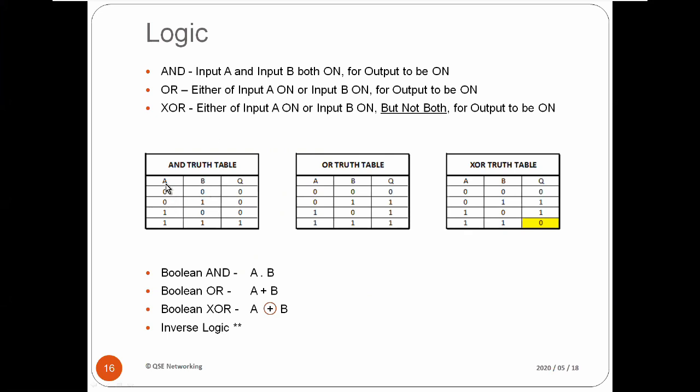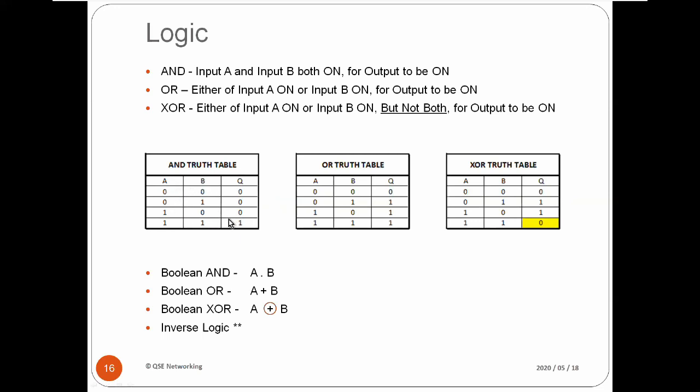And if you look here, this is what they call a truth table. If you have 2 bits, A and B, there are 4 combinations in binary: 0 and 0, 0 and 1, 1 and 0, 1 and 1. And if you understand a little bit of binary, that's a 0, that's a 1, 2, and a 3, if you say that's the units and that's the 2s in binary.